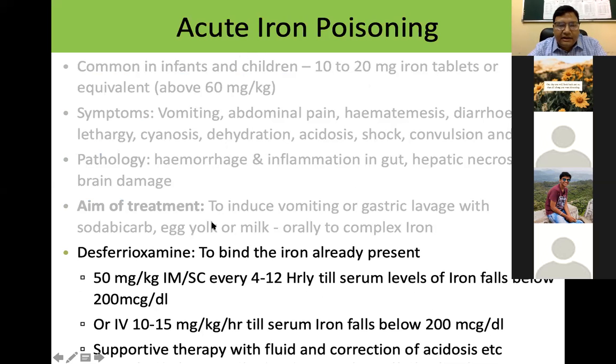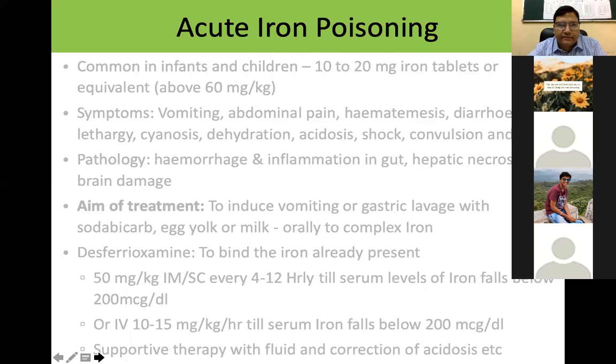It is given by intramuscular or subcutaneous route, or by IV route also. The aim is to keep the iron level below 200 microgram per deciliter. We also give supportive therapy with fluid.